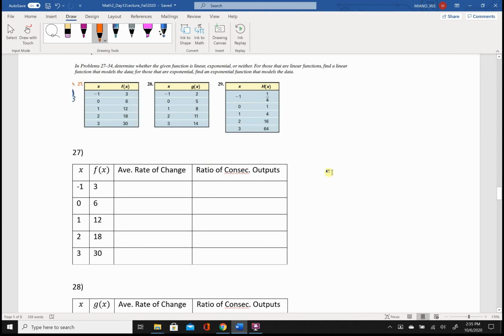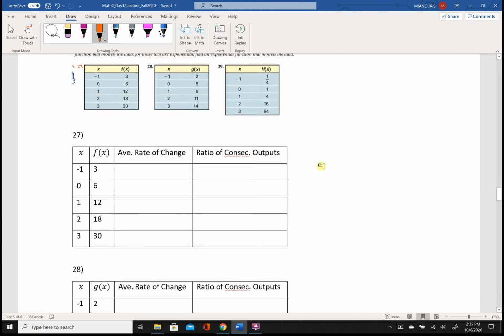Okay, so here we go. Let's look at number 27 here. I went ahead and made another chart for number 27 using all the same inputs and outputs. And what we want to look at here in order to determine if we have a linear or exponential or neither function is the average rate of change.